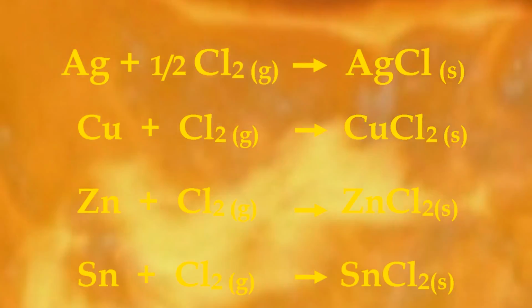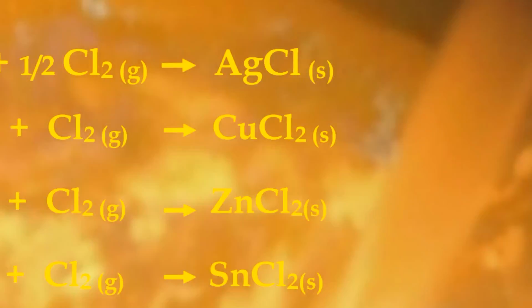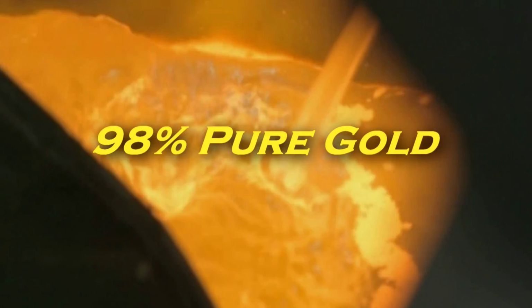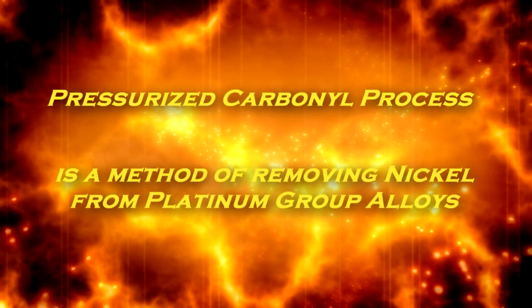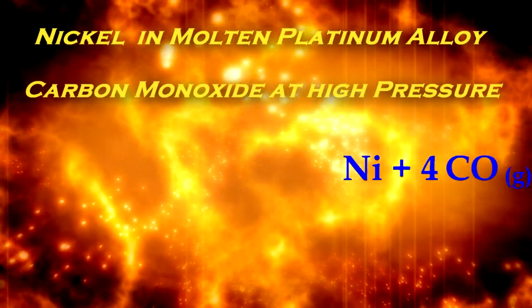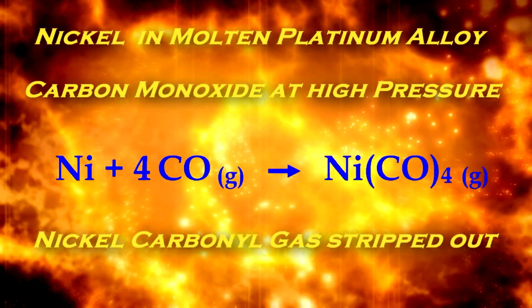These salts are insoluble in the molten gold and skim from the surface, leaving at minimum 98% pure gold. The pressurized carbonyl process is used in platinum refining to strip out nickel as nickel carbonyl and leaving residues rich in platinum group metals.